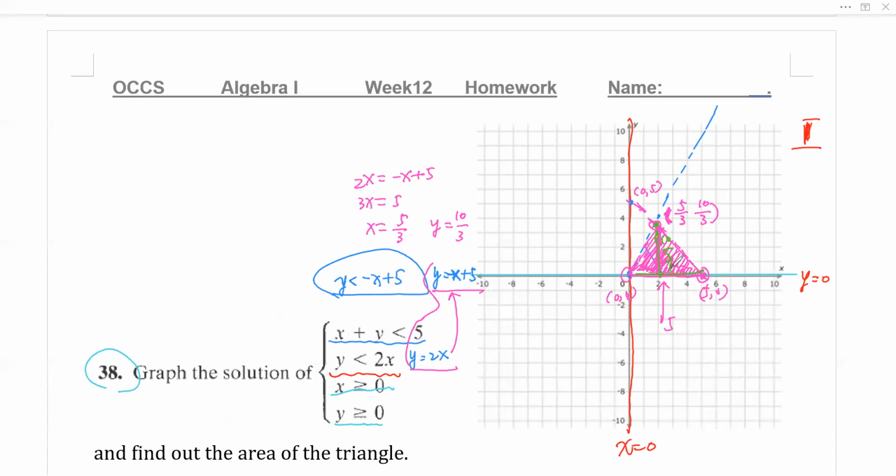The area of this triangle would be half of the base, which is 5, times the height, 10 over 3. Let's simplify it here. So it's 25 over 3. So the area of this triangle would be 25 over 3. Interesting. That's a good part, actually.